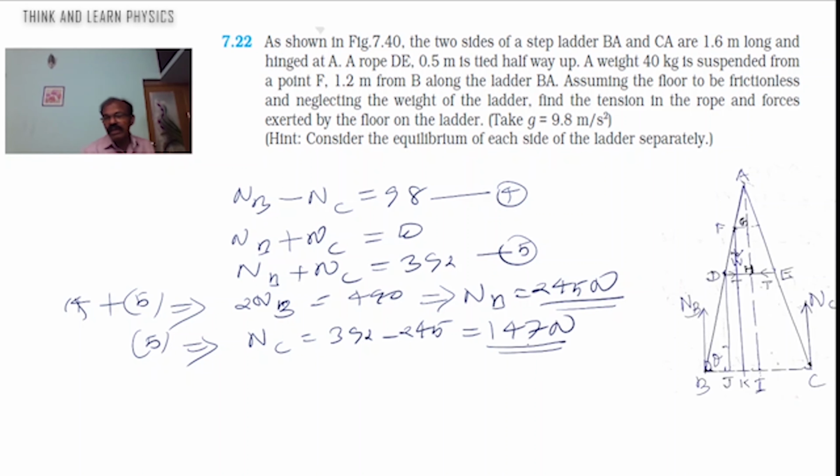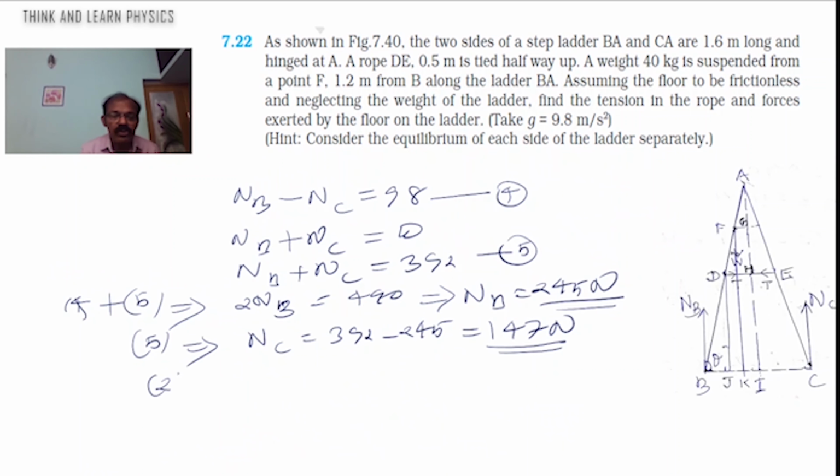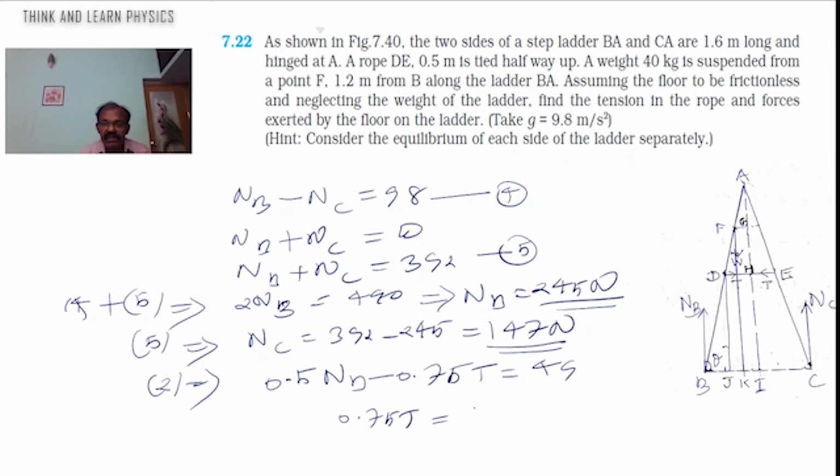Now the only quantity which we have to find is the tension acting along the string D. For that, let us consider equation 2. Then equation 2 becomes 0.5 NB minus 0.75 T equals 49. Therefore, 0.75 T equals 0.5 NB minus 49.